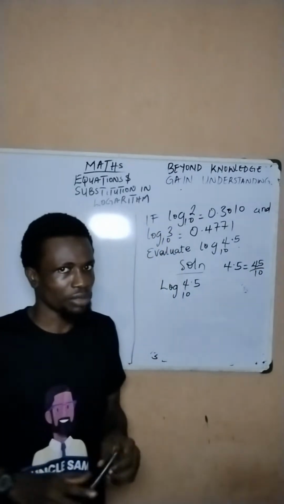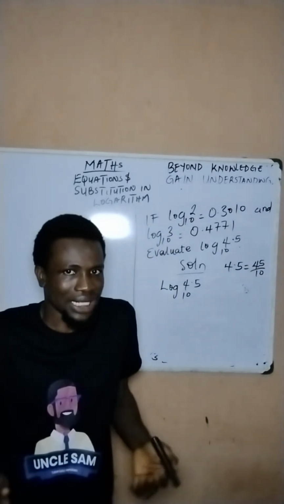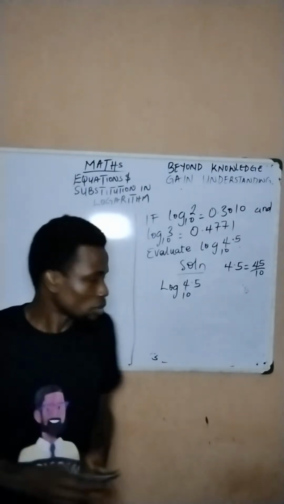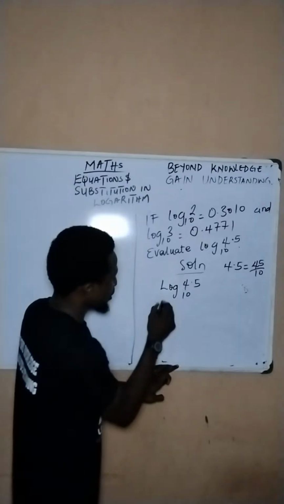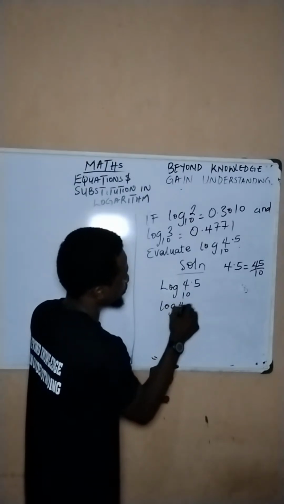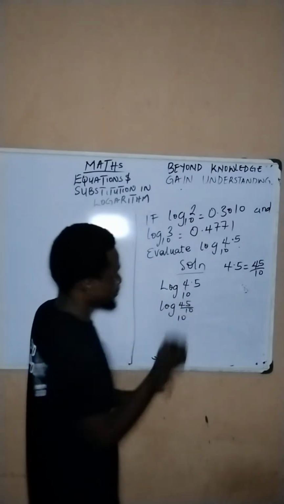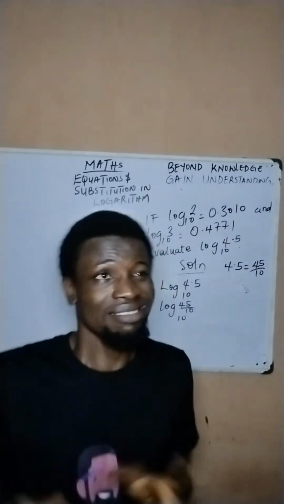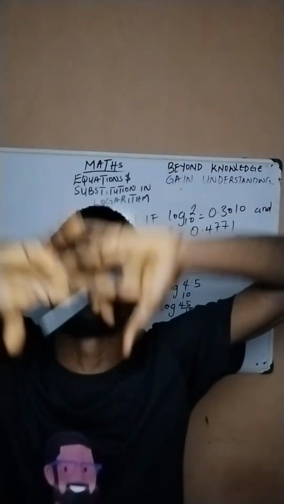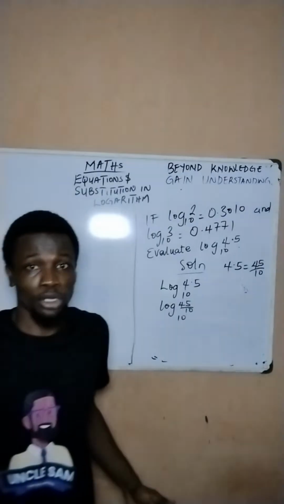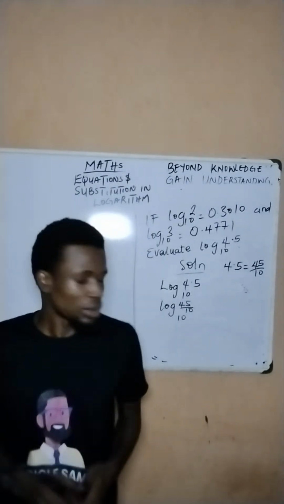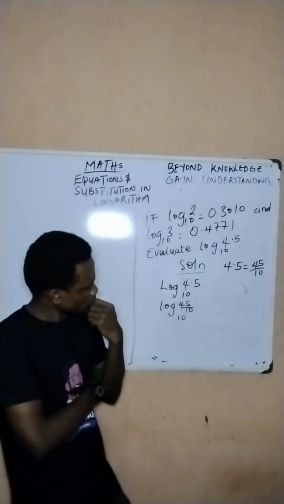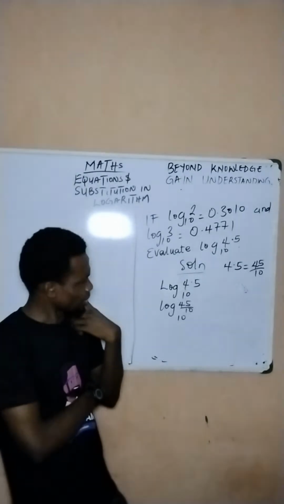Well, that's not really much, but it's something that we can do to continue with our solution. So this is going to give us log of 45 over 10 base 10. It's not really a huge thing that we have done, but it's going to get us closer to the simplification that we need to do here.